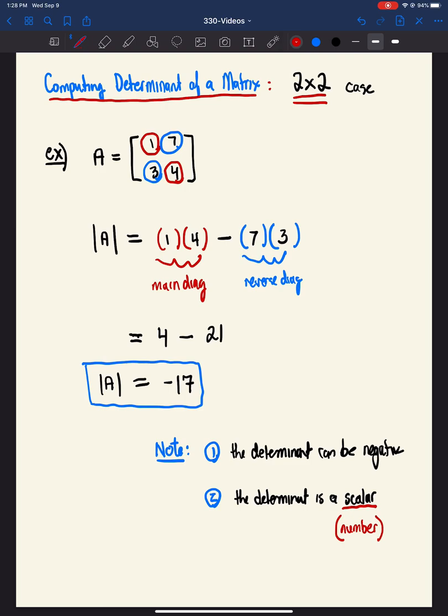And one of the things I want us to notice from this 2 by 2 case is we're going to need this 2 by 2 case to compute the determinant of a 3 by 3 case.